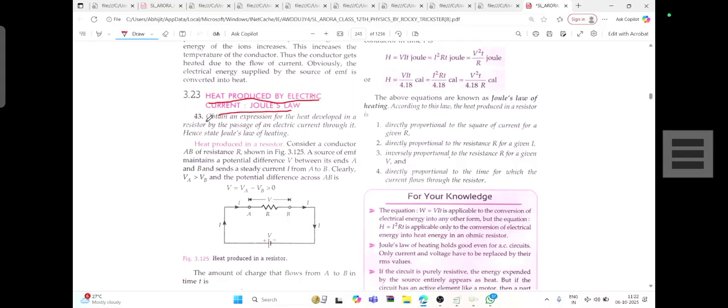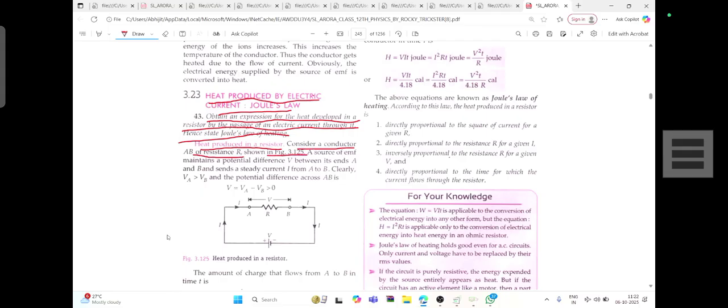Obtain an expression for the heat developed in a resistor by the passage of an electric current through it. Hence state Joule's law of heating. Heat produced in a resistor: consider a conductor AB of resistance R, shown in figure 3.125.